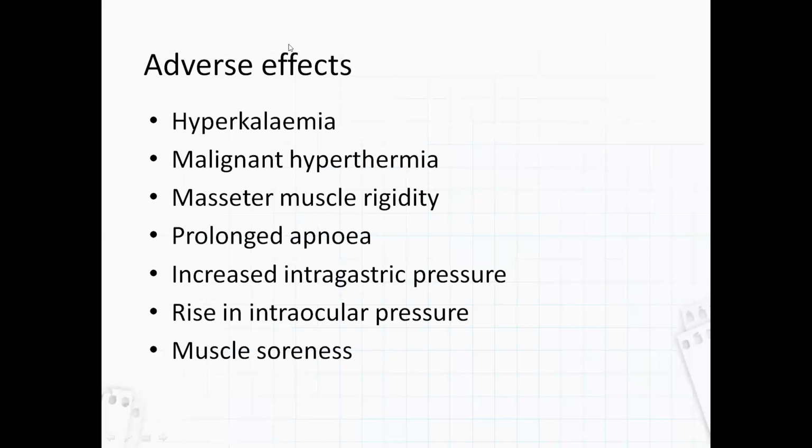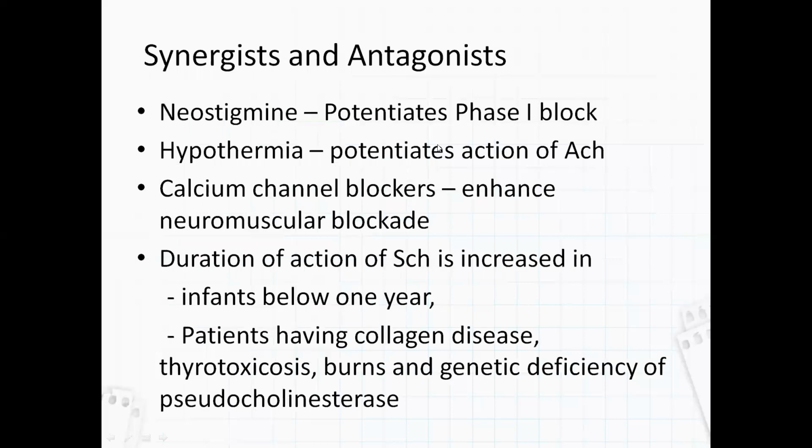Now coming to synergists and antagonists of the depolarizing blockers. Neostigmine potentiates the phase 1 block. We saw two blockades, but here in phase 1 block, where neostigmine usually antagonizes the skeletal muscle relaxants, it potentiates, because succinylcholine is acting like acetylcholine there.